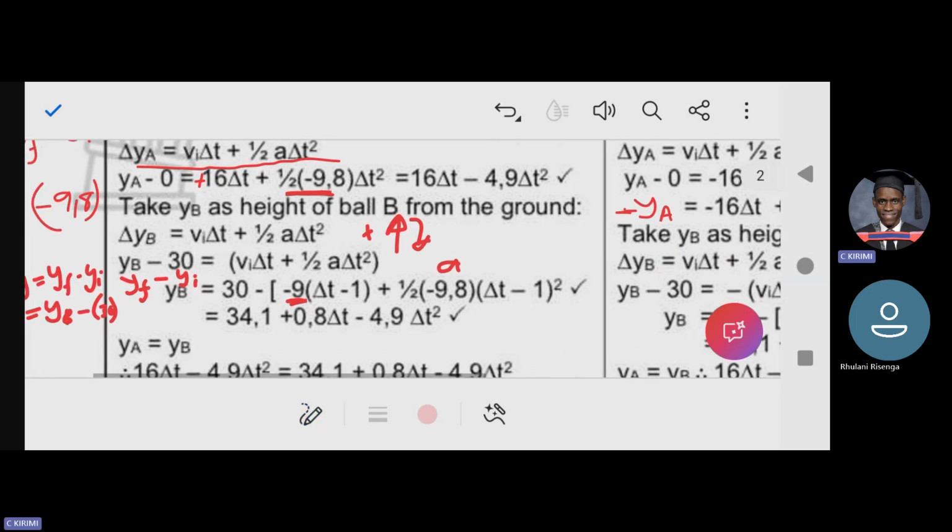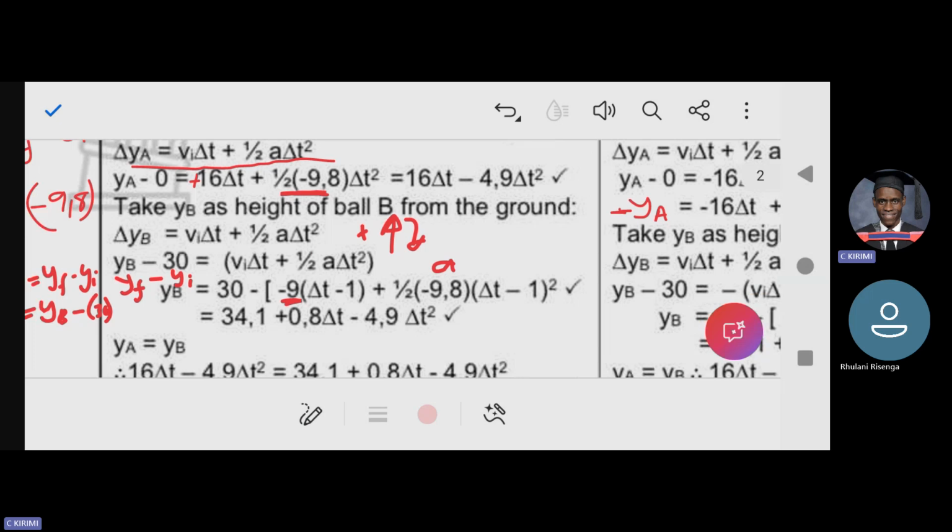All right, so we are here now. yB minus 30 is equal to that. When the 30 comes to the right, it becomes plus 30. All right, so let's check the setup which we're talking about.